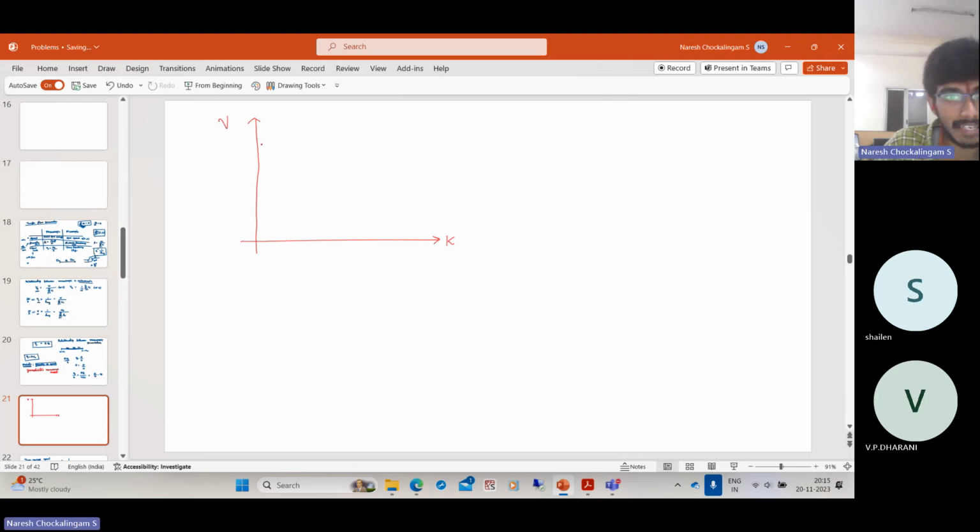If the density is 0, if the road is fully free or there are just one or two vehicles, you can go at full speed. And as density increases, the space mean speed will decrease. And at some point, the vehicles will become jammed. So this is called the jam density, where the space mean speed vanishes. And this is called the free flow speed, where the speed is maximum at density 0.